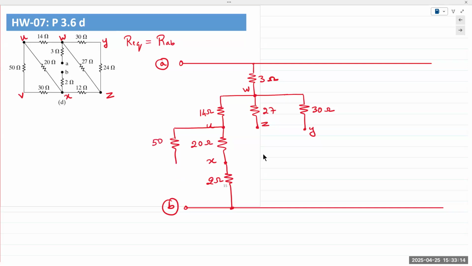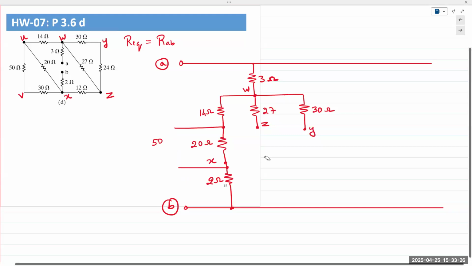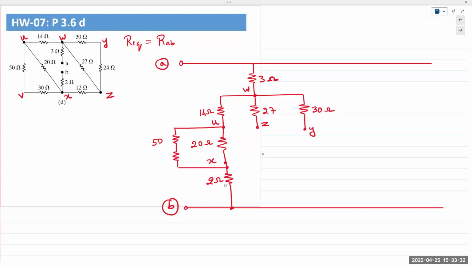Actually, let's make it smaller. So this is U. 50. And this is 30.